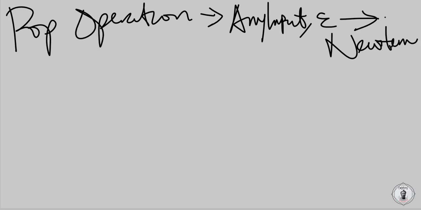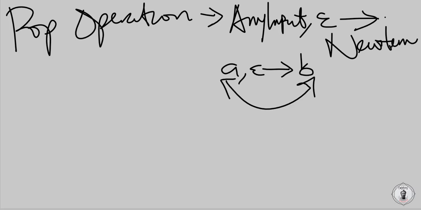So what am I trying to say? Any input could be A, but it must be followed by an epsilon, and my new item could be B. It could be anything. It could be A itself. It doesn't really matter, but it is very important that you have epsilon in the middle.